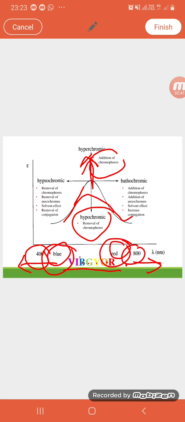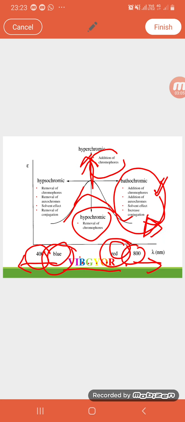Okay, the bathochromic effect occurs due to the addition of chromophores, the addition of more double bonds or triple bonds. Okay, if you add more double bonds to the compound, at the same time it will increase the conjugation.